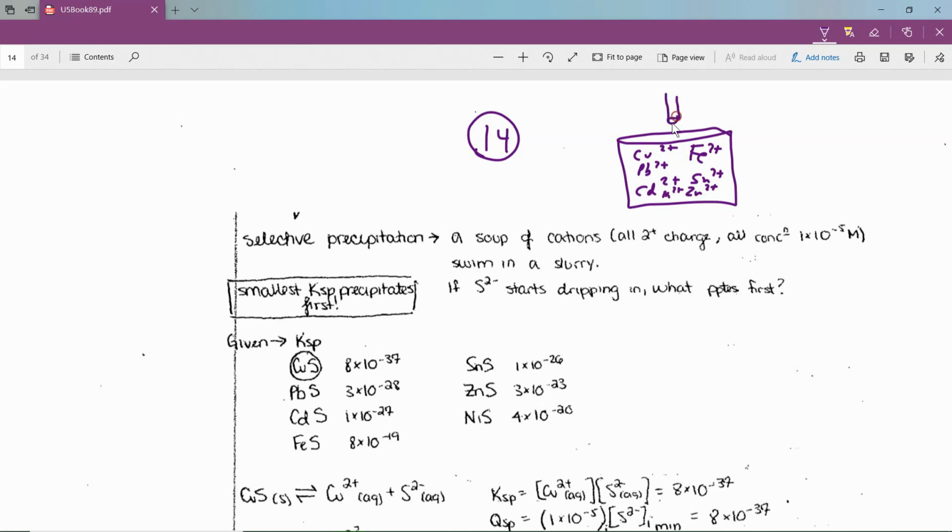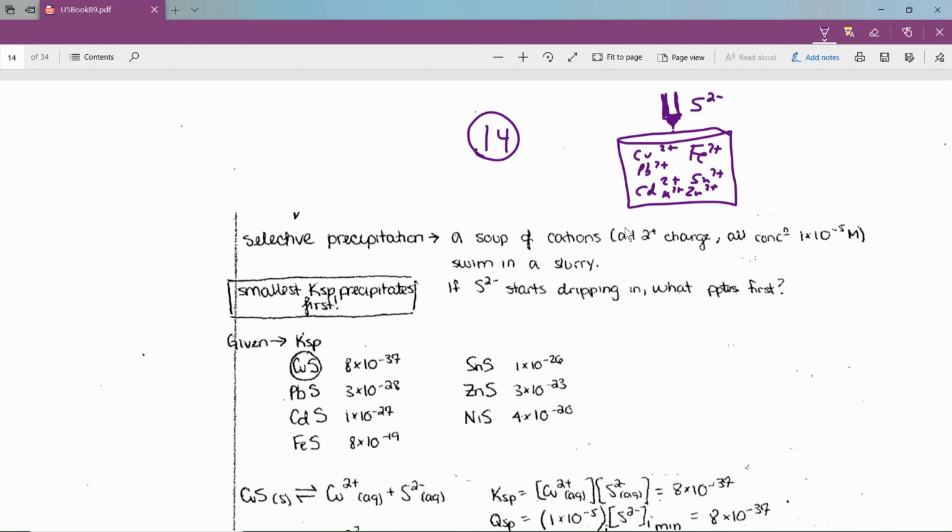Okay, so I start to drip in some from, let's say, a burette, which we are going to use in acid-base chemistry. What am I putting in? Some sulfide, S2-. Okay, so you're going to form copper sulfide, lead sulfide, cadmium sulfide, iron sulfide, tin sulfide, zinc sulfide, nickel sulfide, all Roman numeral 2, right?